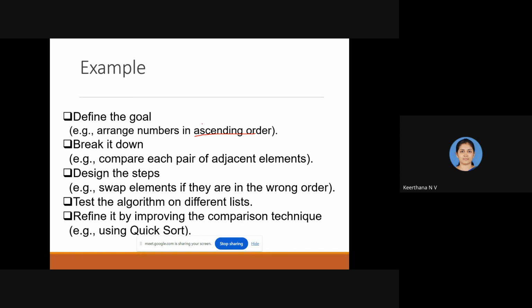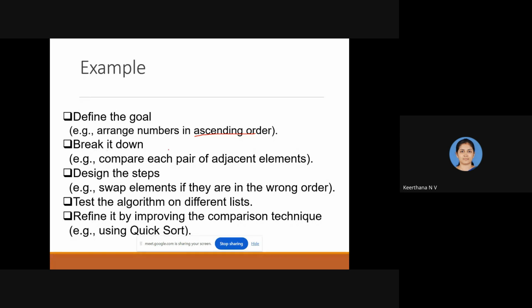So next, you will be breaking this solution into modules. First you have to design what procedure you are going to apply for arranging the numbers. It may be a type of sorting, that is quick sort or merge sort or insertion sort. There are types of sorting in algorithm solving techniques. So first you have to decide what sort to apply for this ascending order sorting.